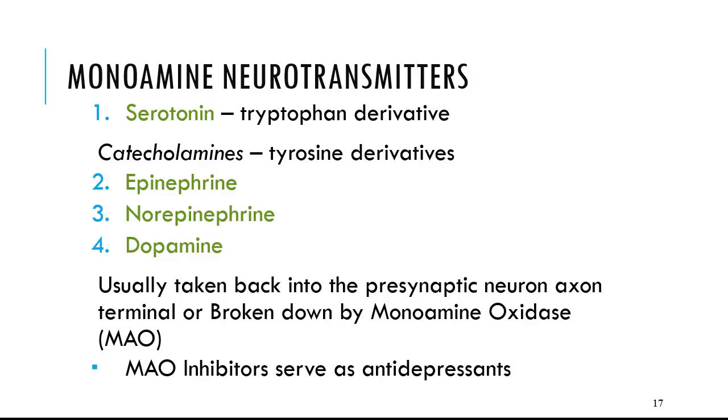Dopamine is also a catecholamine, and it binds not to adrenergic receptors but to dopamine receptors. Norepinephrine and epinephrine exclusively bind to the adrenergic receptors. Dopamine binds to dopamine receptors. Serotonin binds to serotonin receptors.